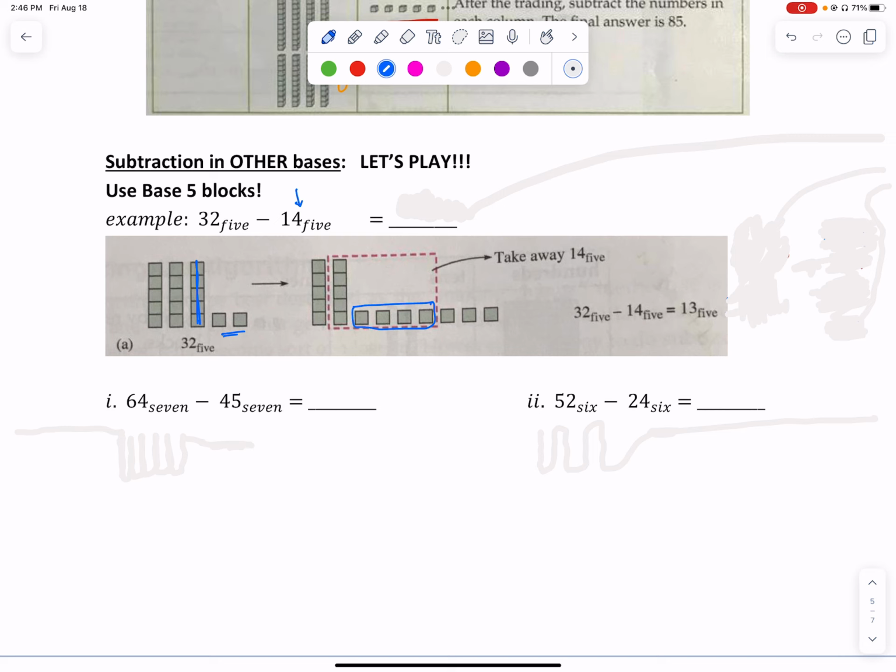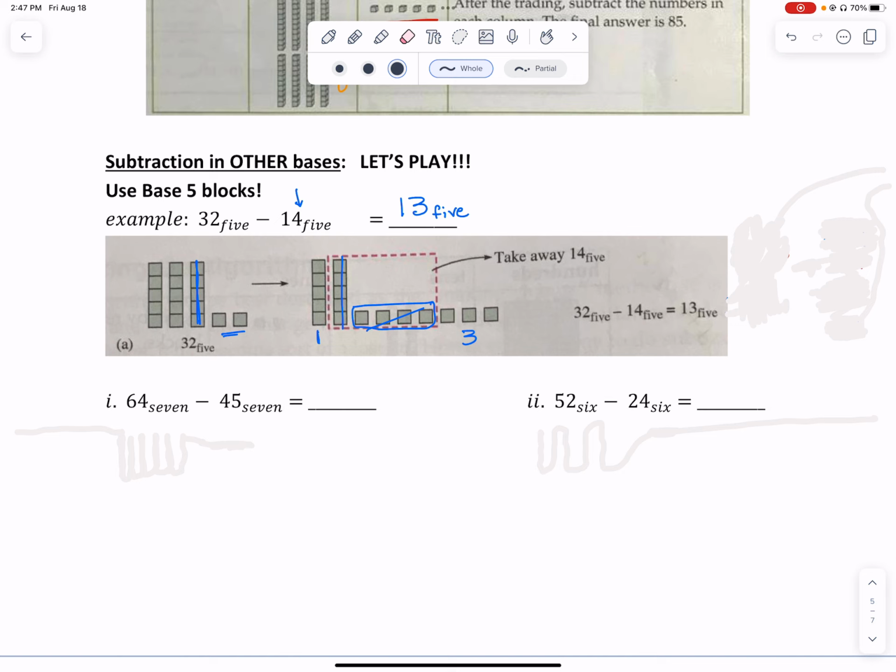And now I can take away those 4 and take away that 1 block. And I'm left with 1 here and 3 there. So I have 13 base 5. I could also do that using a chart, and we're going to come back to that later on.